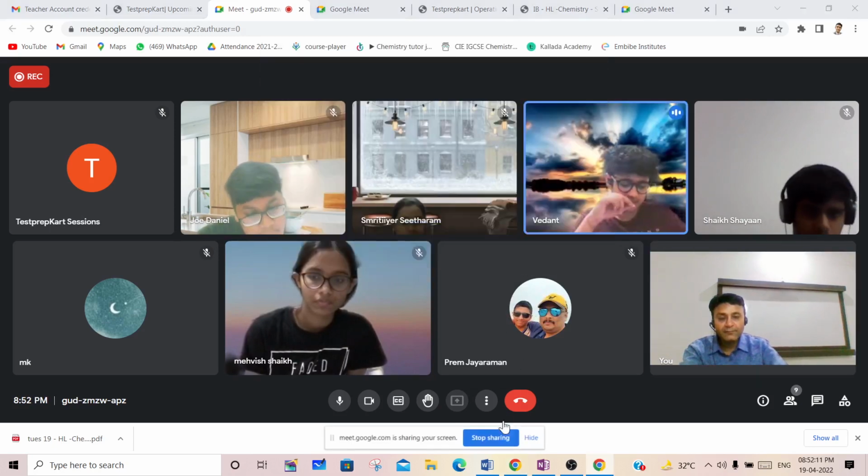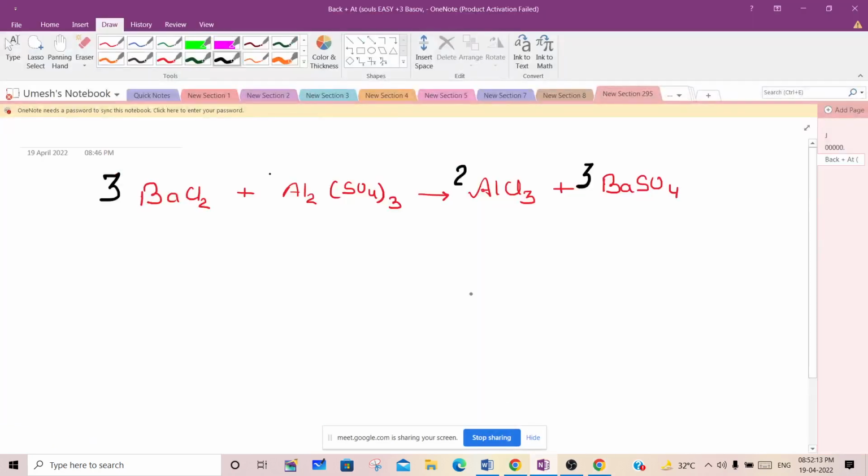So I got the answer as 3BaCl2 plus Al2(SO4)3 gives 2AlCl3 plus 3BaSO4. I'm showing the answer. Can you see it? Yes, sir. I got the same answer.